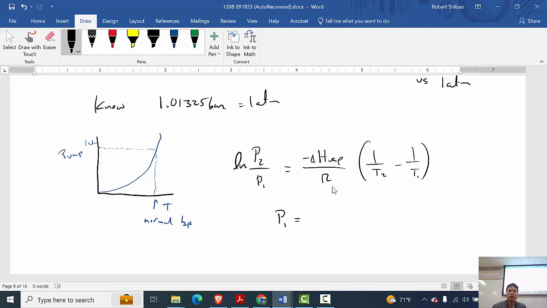And therefore, P1 is going to be the normal boiling point. I'm going to do this in bar. So this is going to be 1.01325 bar. If the pressure is 1.01325 bar, then the temperature should be 100 degrees C, or 373 Kelvin.